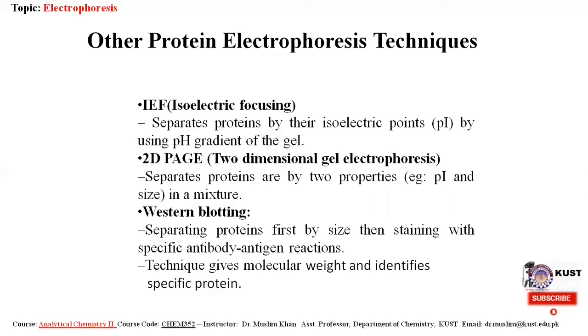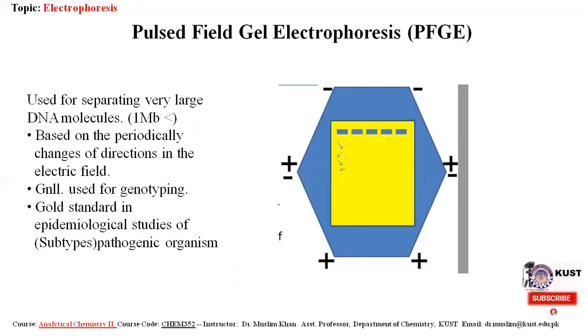It separates proteins in the mixture by two properties. And Western blotting separates proteins first by size, then staining with specific antibody, like antigen-antibody reactions. This technique gives molecular weight and identifies specific proteins. This is pulse field gel electrophoresis, and this is the picture, used for separating very large DNA molecules, and the size is given.